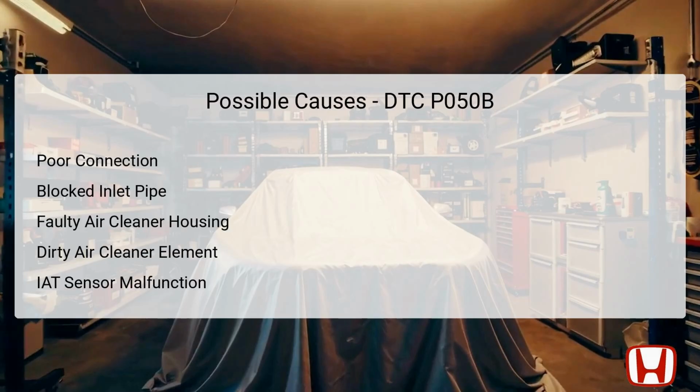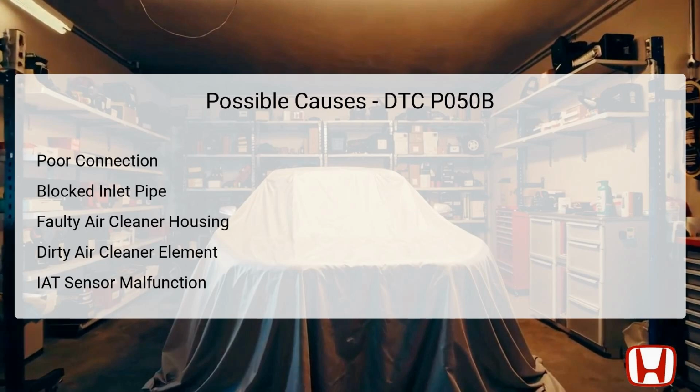Several potential causes can lead to the appearance of DTC P050B. One common issue is a poor connection, which can disrupt the communication between critical components, like the ECM and sensors. Another cause is a blockage in the inlet pipe, preventing the necessary airflow required for proper engine combustion. A faulty air cleaner housing can also contribute, as it may not channel airflow effectively.